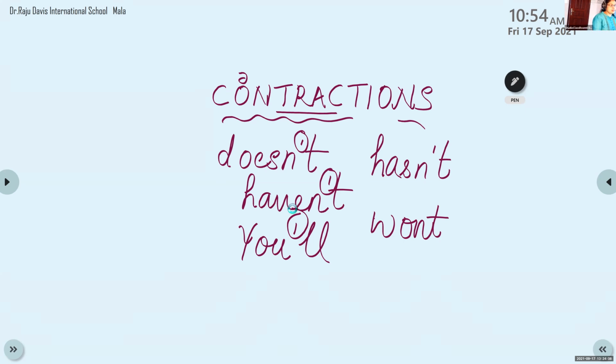So obviously here contraction means becoming smaller. And why do we use contraction in language? Can you give a guess? Yes, of course, to make the sentence shorter, so that you will be able to speak faster and sound more like a native speaker. That is why contractions are used in language.